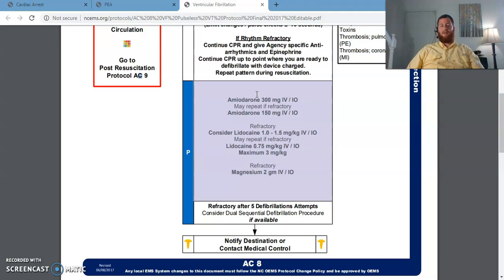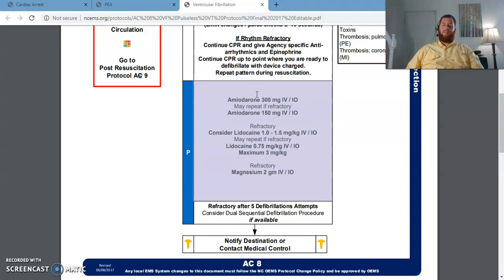We oftentimes give a lot higher doses in cardiac arrest and more potent concentrations, your epi 1 to 10,000 for example. The reason for that is because in cardiac arrest, I'm only circulating about 30, maybe 40% at the most of the blood that the body normally circulates when I'm doing really, really good chest compressions. So because of that, I have to have more medicine in the body in order to have the same effect. So our dose is 300 milligrams IVP, or IO, for amiodarone.